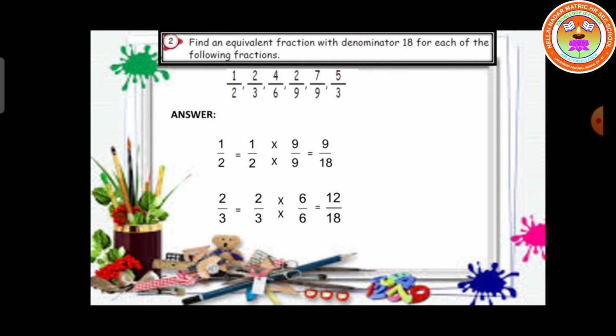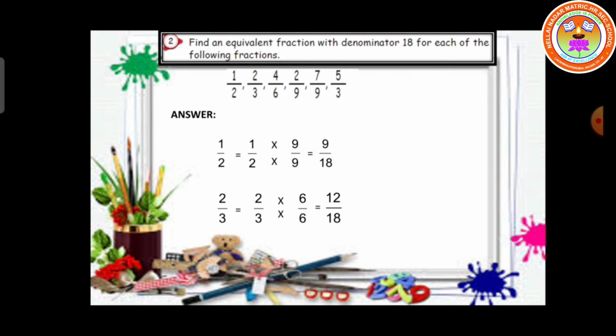So what number is multiplied with 2? We will get 18. In the 2 tables, as we know, 2 9s are 18. So that same 9 has to multiply with the numerator. So 1 into 9 is 9 and 2 into 9 is 18. So the equivalent fraction is 9 by 18.